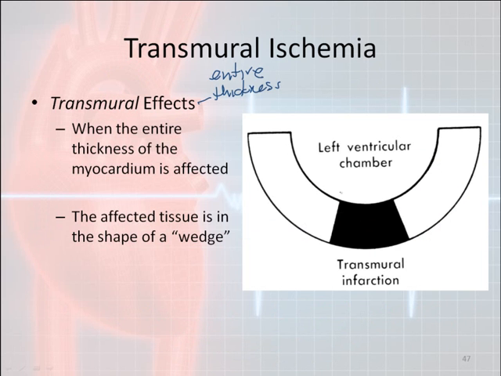If you look over here, it's in the shape of a wedge. As you can see here, it goes out this way and out this way. There's a reason for that, and a lot of people say, oh, well, it's because of the curvature of the myocardium. That's not entirely accurate. What happens is the surface coronary arteries, as they head down into the endocardium, branch off with collateral circulation.